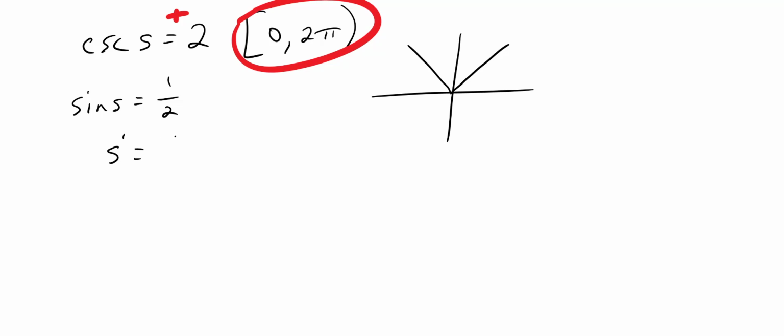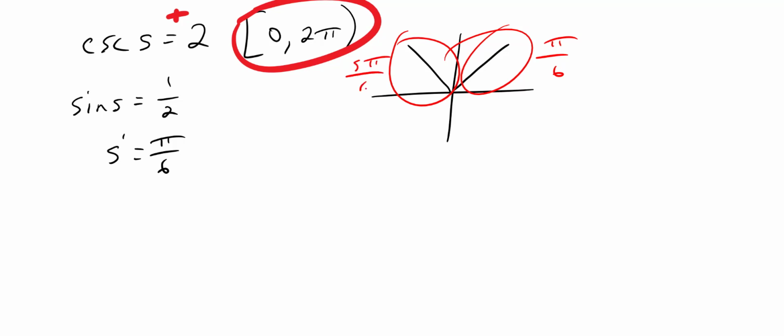And so it's going to be pi over 6, right? S prime is equal to pi over 6. So our two quadrants here, 1 and 2. So this is going to be pi over 6 as an answer, and this is going to be 5 pi over 6 as the other answer. All right. Not bad?